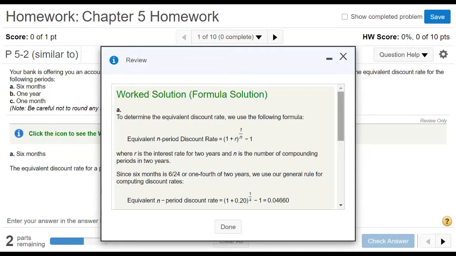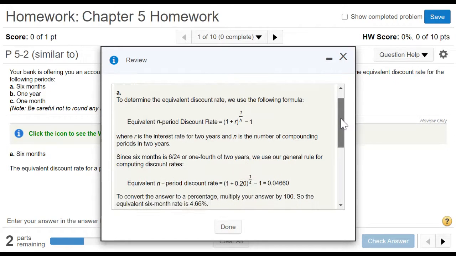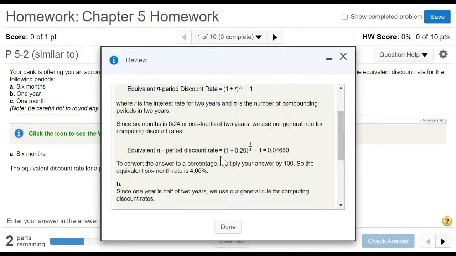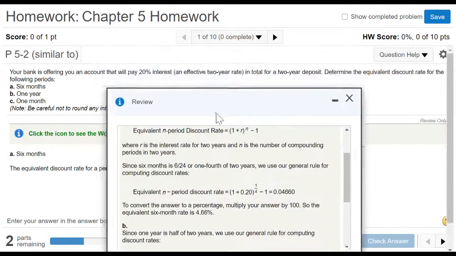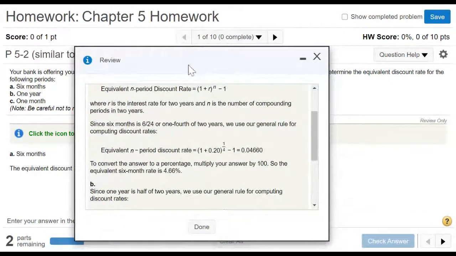So there are 4 six-month periods. Each year has 2. 2 years have 4. So now it's asking me to calculate the discount rate. So this is the formula. It's going to be 1 plus the interest, which is 20%, and then the exponent of 1/4, which is 0.25.